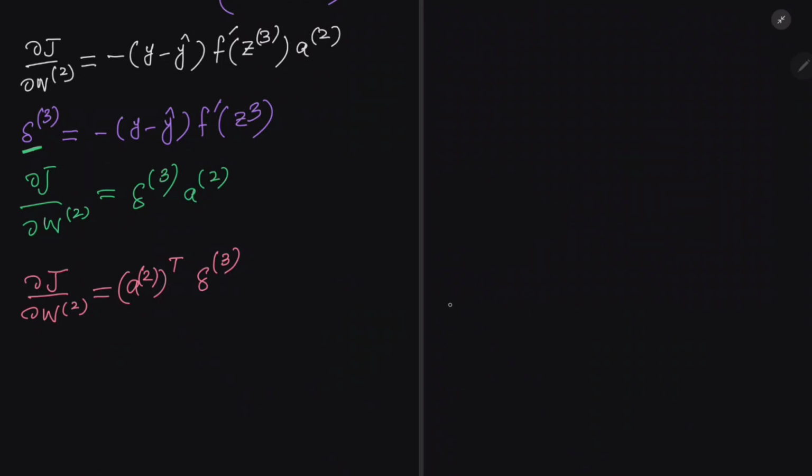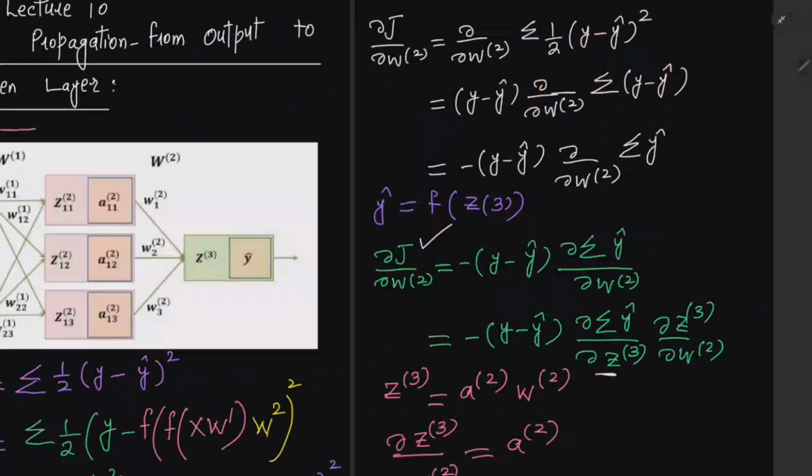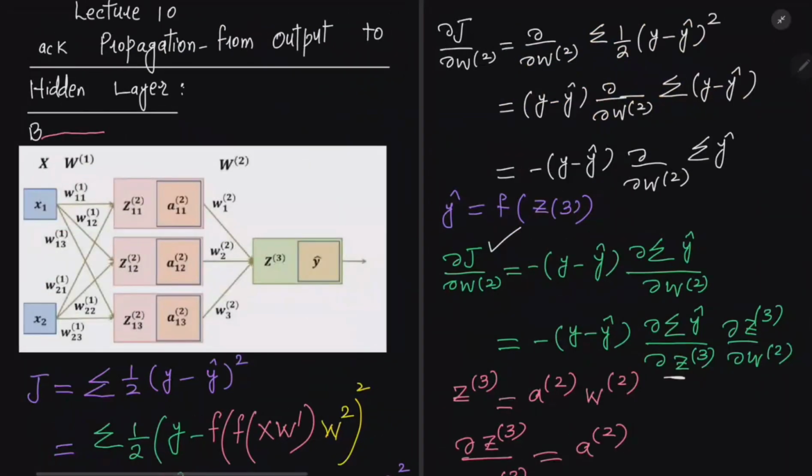So where we are now in the image, we are in this scenario from output to the hidden layer. Now the next thing is we need to take a derivative of J with respect to W1, since we want to optimize the weights of W1 as well.